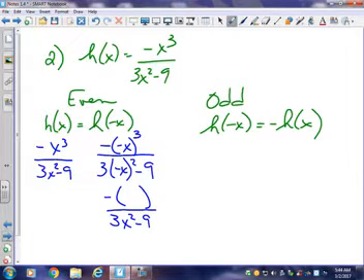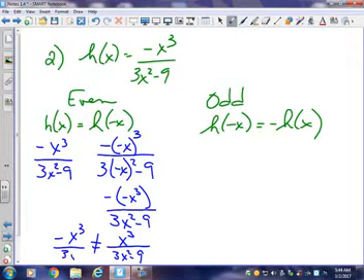So negative x times negative x times negative x is negative x cubed, and that brings the cube on the inside and keeps the negative. But then two negatives make a positive. So you need to be careful because that one on the outside doesn't get used until the one on the inside has been done. So now I see they're not equal because one's positive and one's negative on the top.